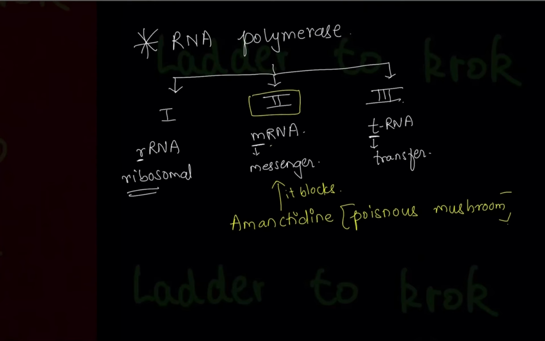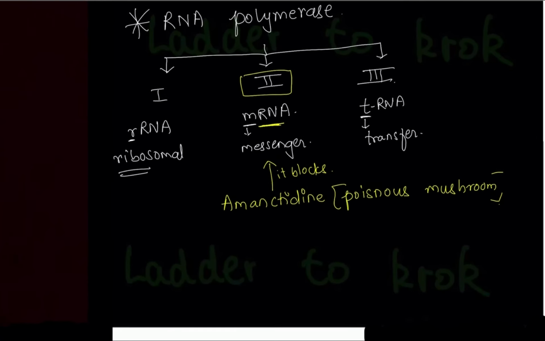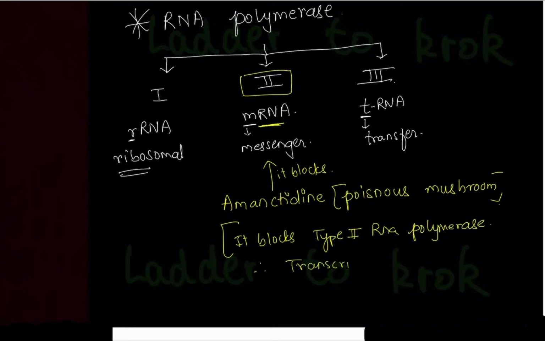Type 2 is responsible for forming mRNA. If mRNA is not formed, and the process of forming mRNA is transcription, therefore transcription is blocked. So write down: amantadine blocks type 2 RNA polymerase. Therefore, transcription is blocked.